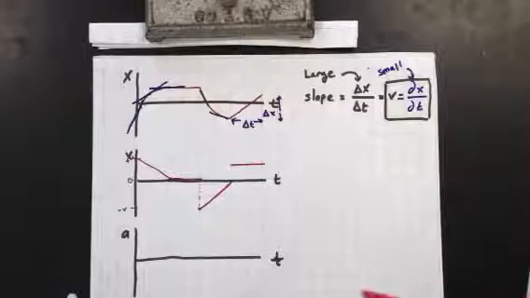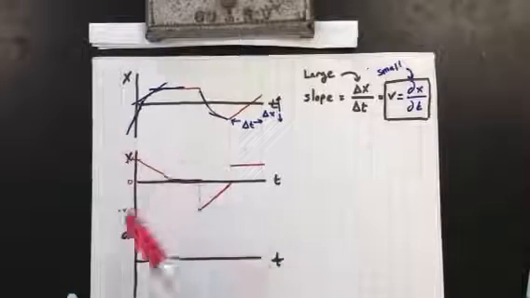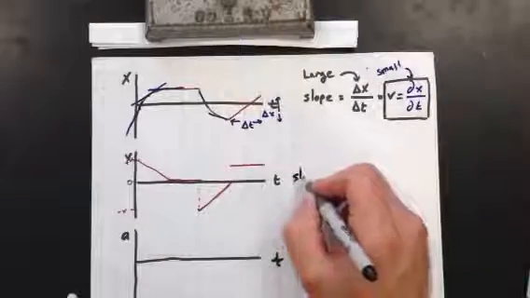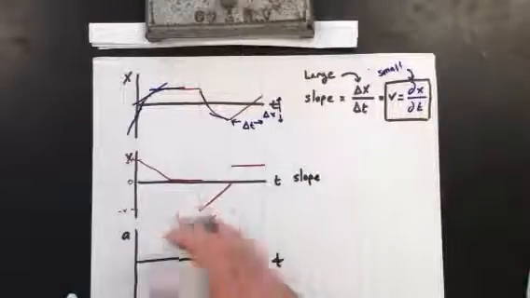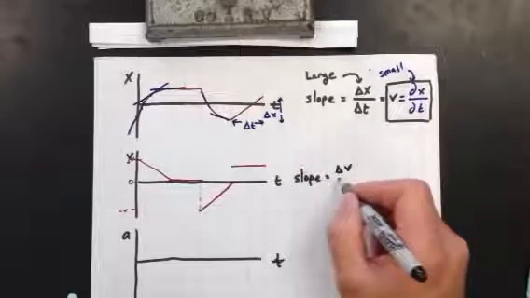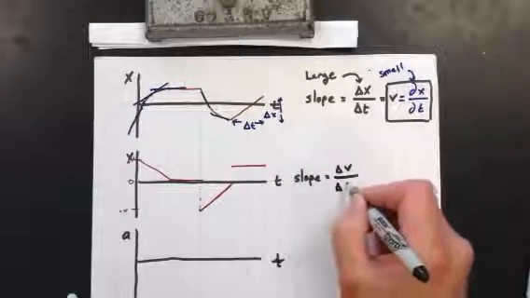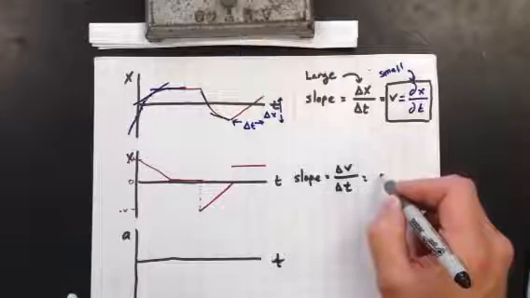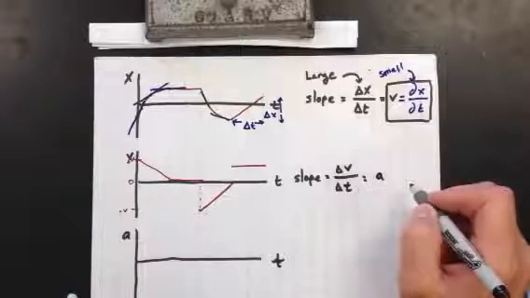Now the next step is to look at this velocity time graph and determine our acceleration. Now if we again write out our slope equation, the slope for this line is going to be the large change in velocity over a large change in time. Now from physics we know that that is the acceleration.